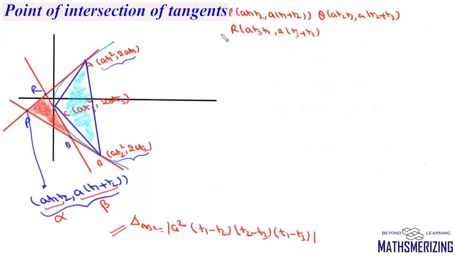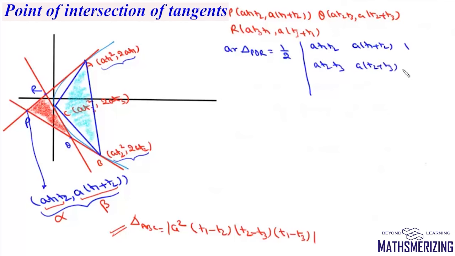So now we'll need to find area of this triangle PQR. So area of this triangle PQR will be 1 by 2, and then it is A T1 T2, A T1 plus T2, and 1; A T2 T3, A T2 plus T3, and then 1; A T3 T1, A T3 plus T1, and then 1, and then its modulus value.